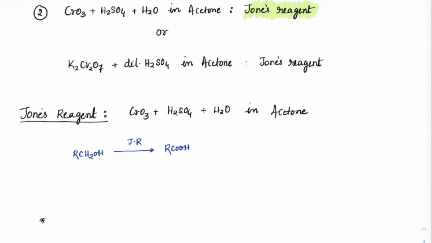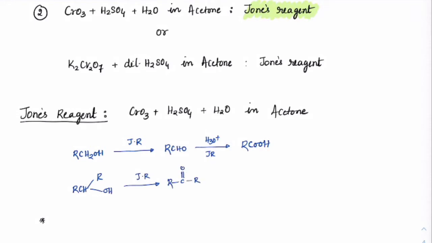Well, by two steps. First it will become aldehyde, and by hydration and the Jones reagent present, it will become acid, RCOOH. Next, if you take a secondary alcohol in the presence of Jones reagent, we will get ketone.